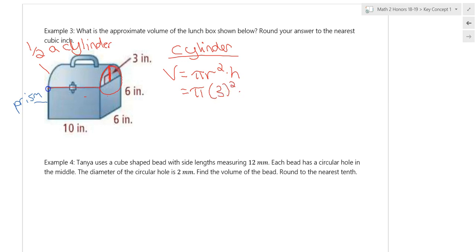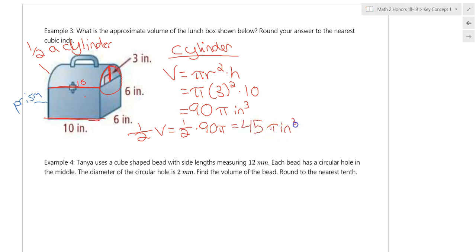My height, again, if I connect it to the two sides, it'd be the same as connecting those two sides, is 10. So that gives us 90 pi inches cubed. So half of my volume would equal half of 90 pi, which is 45 pi inches cubed. Okay.